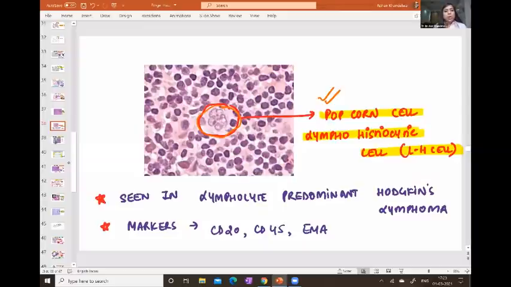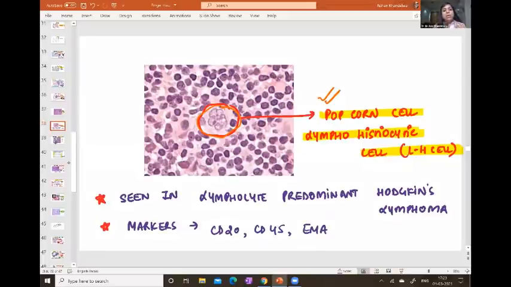Two points to take home regarding a popcorn cell, although I don't think the image will be asked to all of you, but then also what take home points you need to know are, it is seen in which type of Hodgkin's lymphoma? It is seen in lymphocyte predominant Hodgkin's lymphoma. The other thing which you need to know is what are the markers for this?